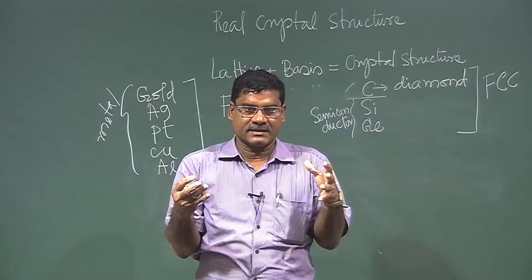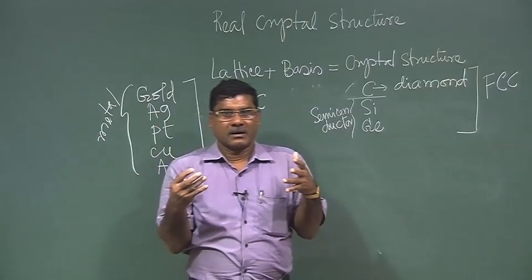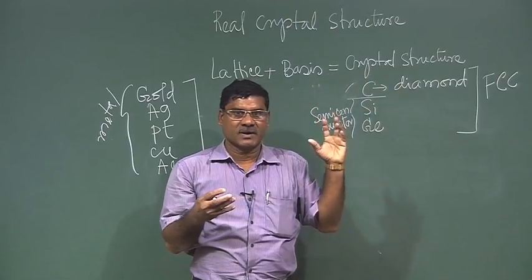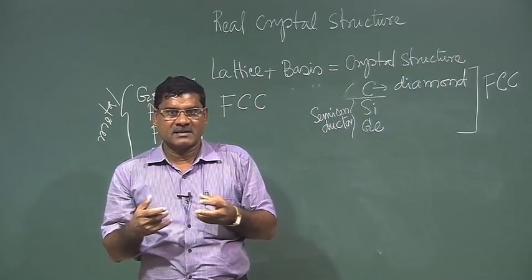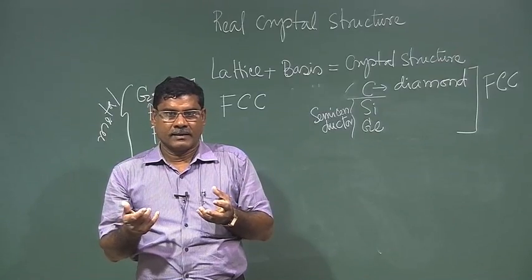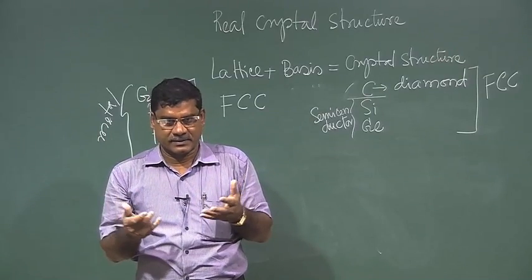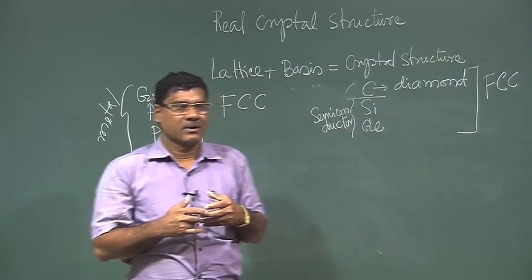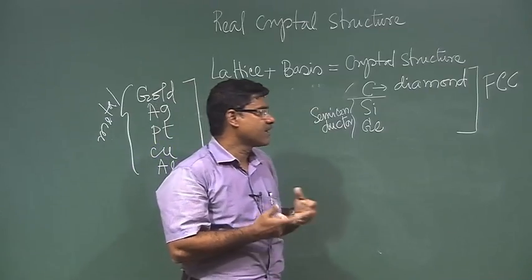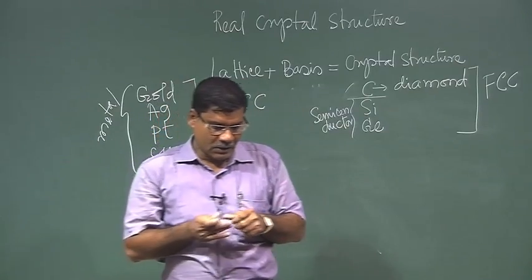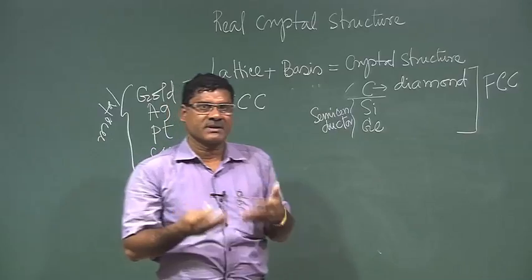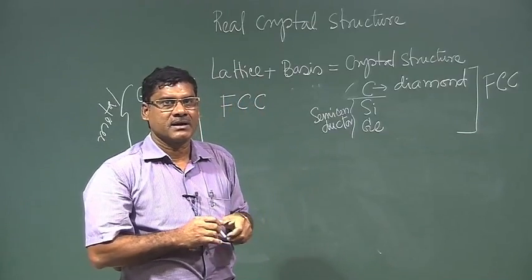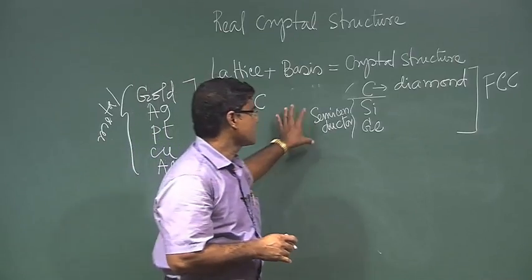Now, although all are having FCC, different materials have different properties, okay, electrical property, magnetic property, etc. So, they are different, although their structures are the same. This is because of the distribution of the bases in that FCC lattice. That decides the properties of those materials.